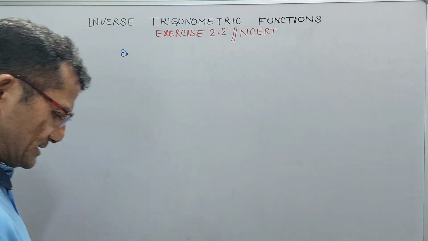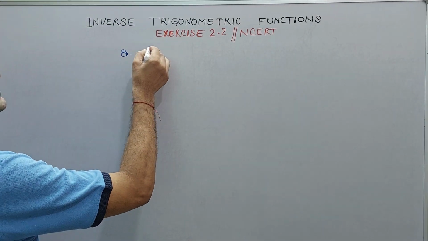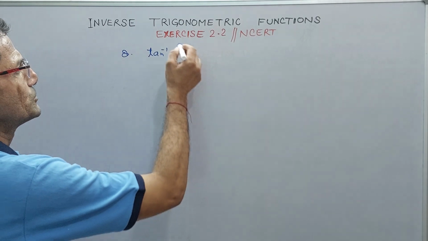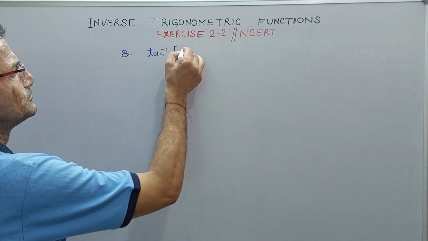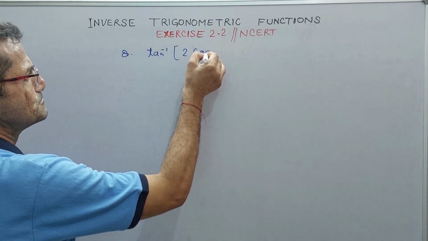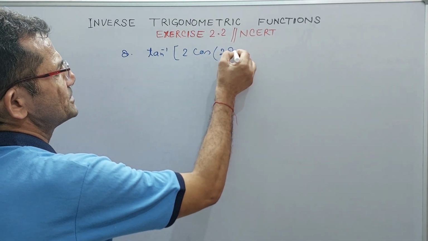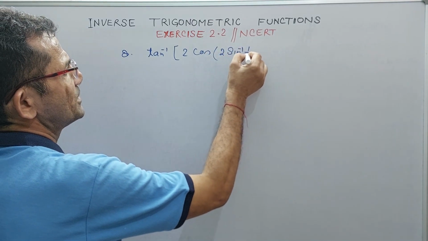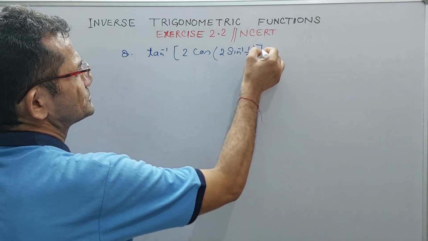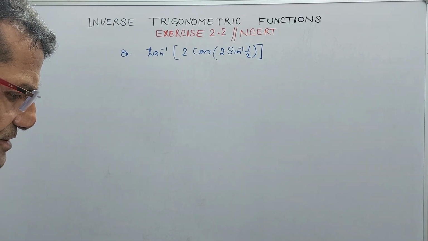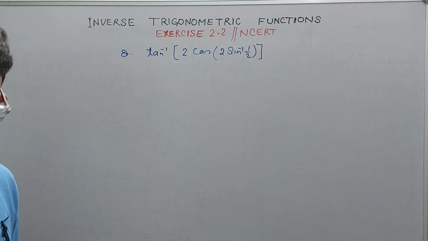Find the value of tan inverse 2 times cos 2 sine inverse 1 by 2. This is the trigonometric function, and we have to find out its value.